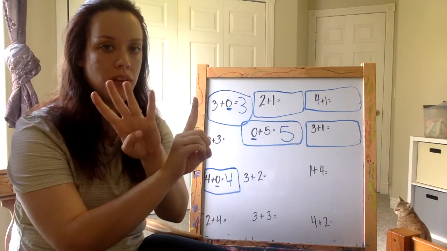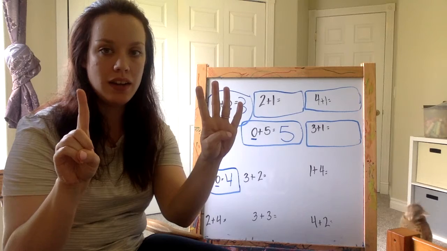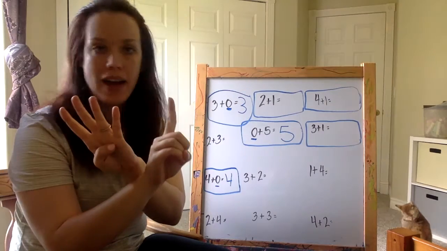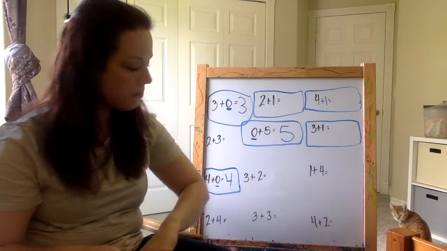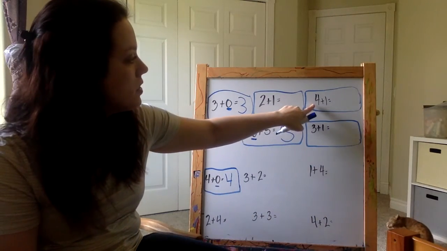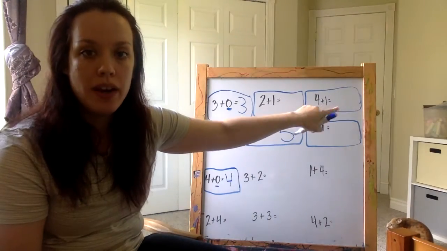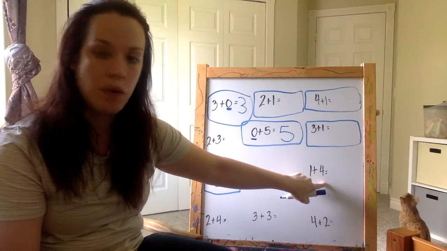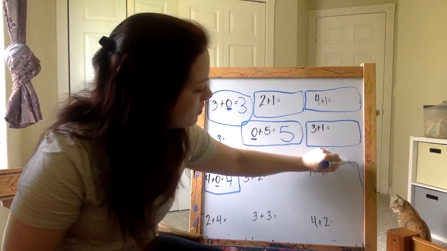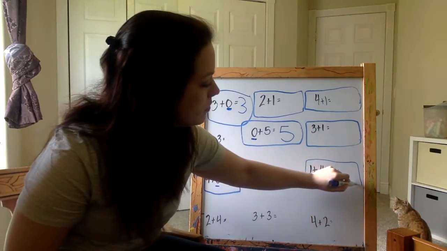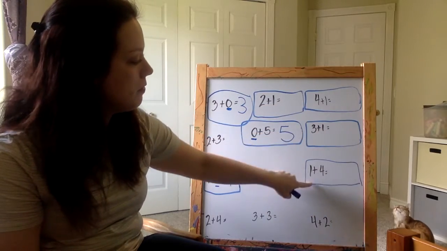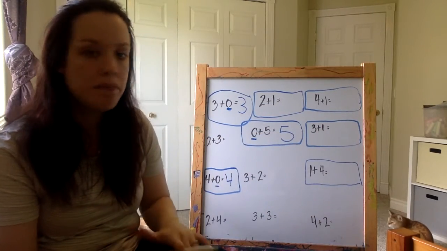If you watch my fingers moving from side to side, the 4 and the 1 switch places, but I don't add or take away any fingers. So just like I was able to circle 4 plus 1, I can go down here to this one, 1 and 4. Okay, so now I have 1, 2, 3, 4 more problems that I can solve.